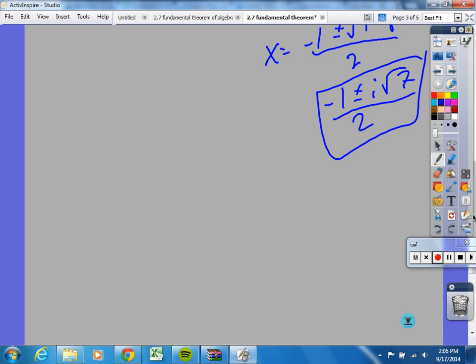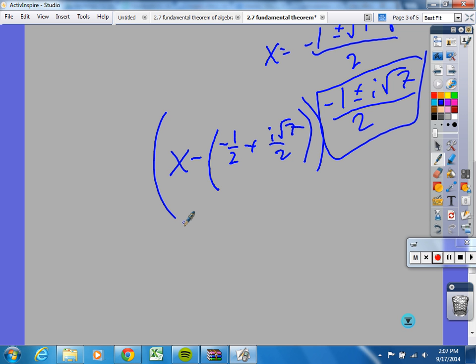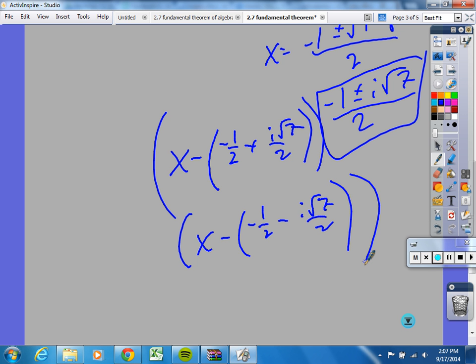This number right here, you'd go x minus parenthesis negative a half, negative 1 divided by 2, plus i root 7 over 2, parenthesis. Does that make sense? And then the other one would be parenthesis x minus parenthesis negative a half minus i root 7 over 2, parenthesis. That's how you do them as linear factors.